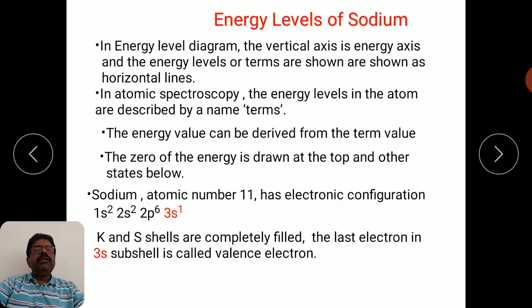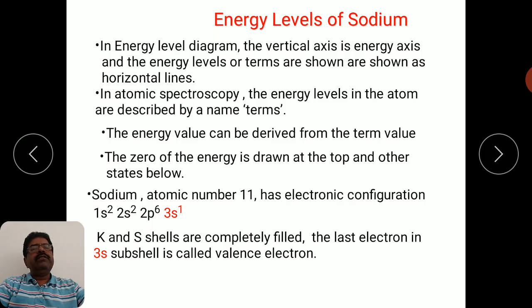So the atomic number of sodium is 11 and its electronic configuration is 1s2, 2s2, 2p6 and 3s1. The first shell represented by 1s2 is completely filled, and these two electrons will be paired electrons, so they will not contribute any way in the total angular momentum of this atom.